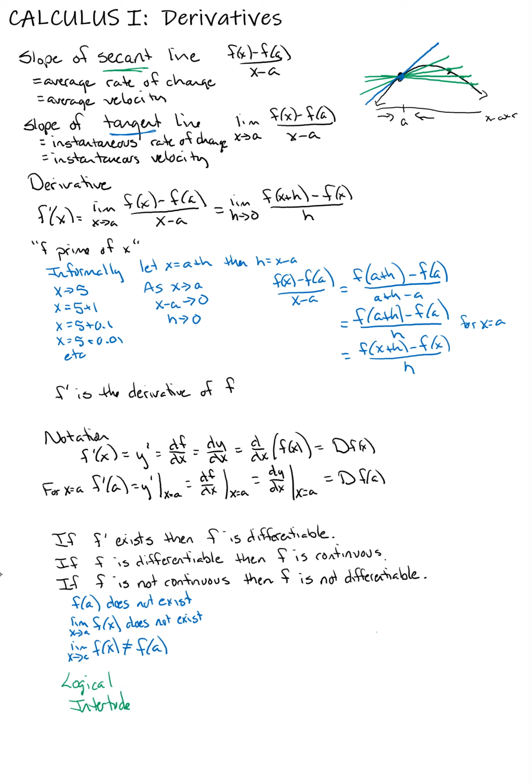If you've never studied any logic, it's quite fun. So we'll start with a statement, just a basic if-then statement. If P, then Q. All right, there's our if-then statement.